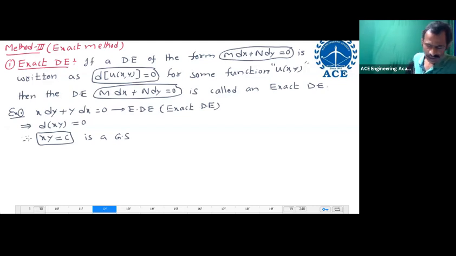Next, we study the condition of the exact differential equation. That is the second one.